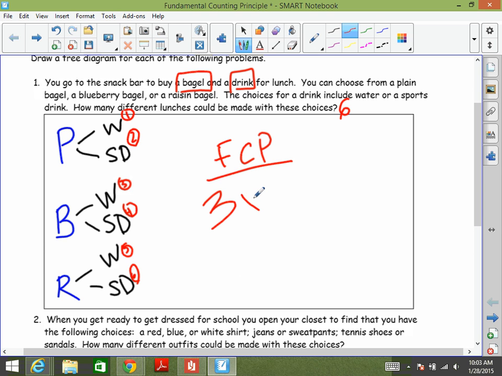And we're going to multiply. There are 3 outcomes for bagel. How many outcomes for drink? 2. And 3 times 2 is? So 6 total outcomes. See how we got there? A lot quicker than our tree diagram. Okay? Let's go to another situation.